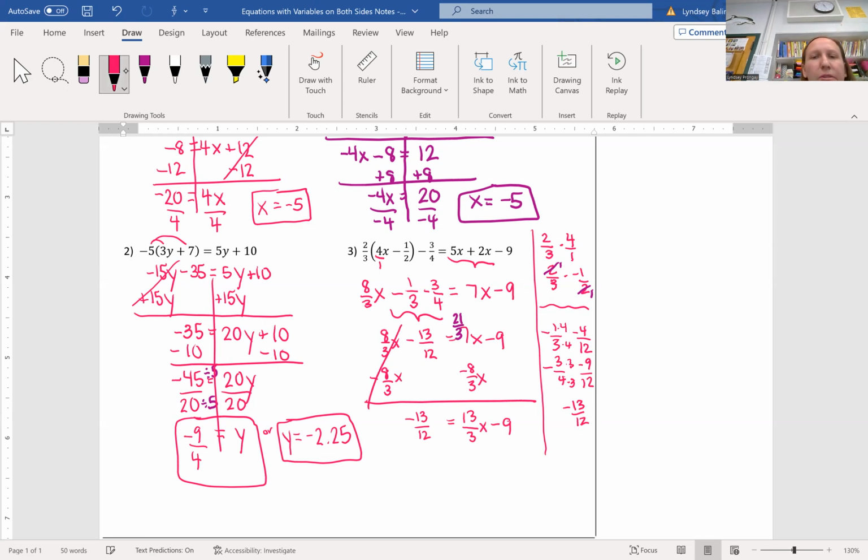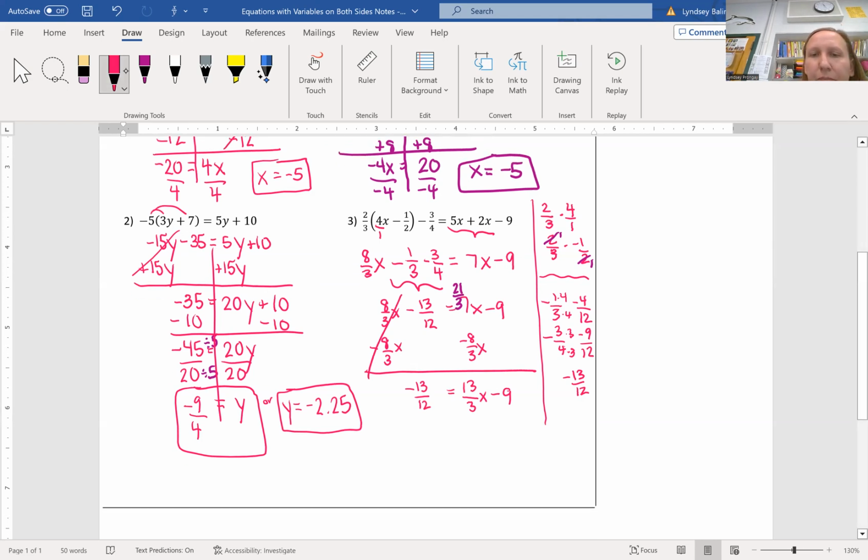Let me bring down everything else. We're almost done. We have to add our 9 to get rid of it from the right side and put it over here. But once again, common denominator. Oh boy. We need to turn it into 12ths. And that is going to be 108/12.